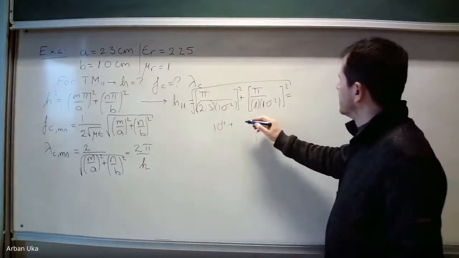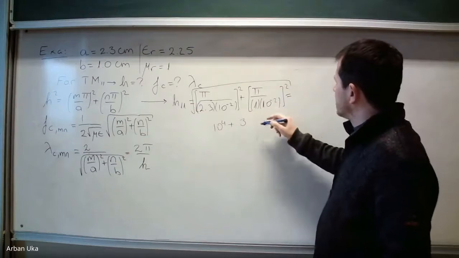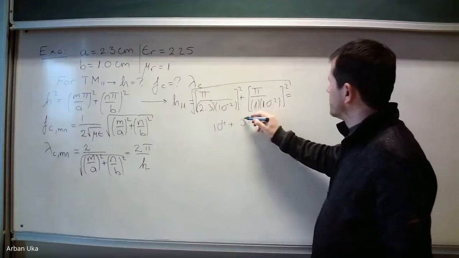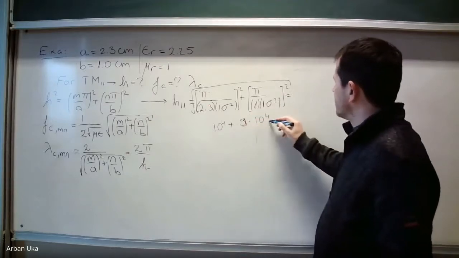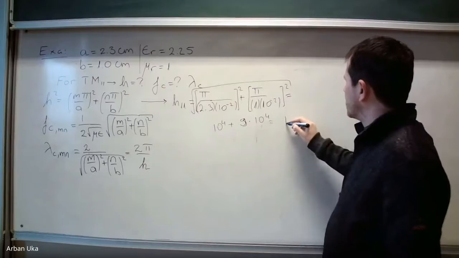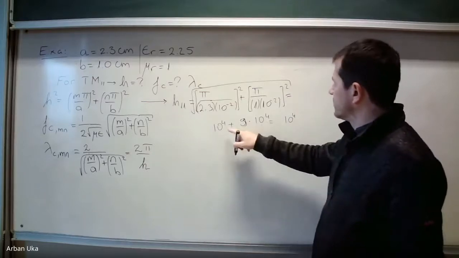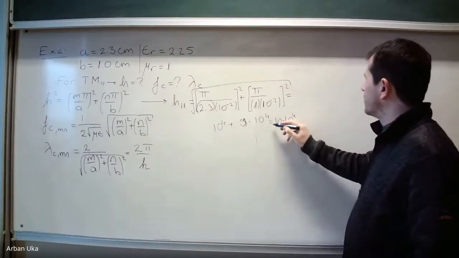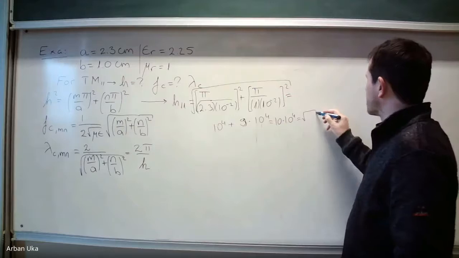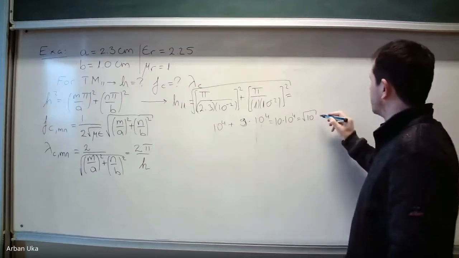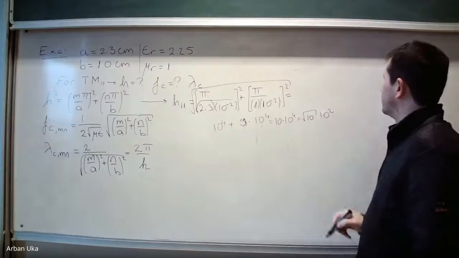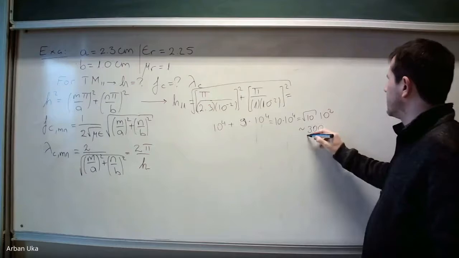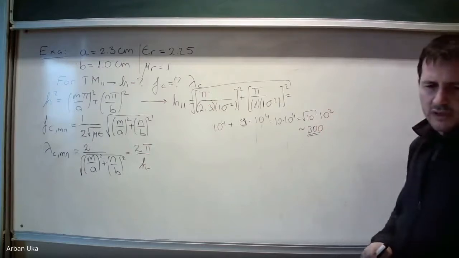The other term is 3 times 10 to the power plus 2, squared, which is 9 times 10 to the power 4. So we have something like 10 to the power 4 times 10, because we factor this together. We get the square root of 10, times 10 to the power 2. The square root of 10 is around 3, so we get an h which is approximately 300.